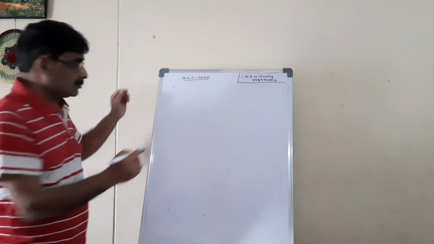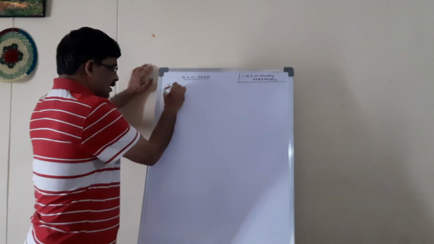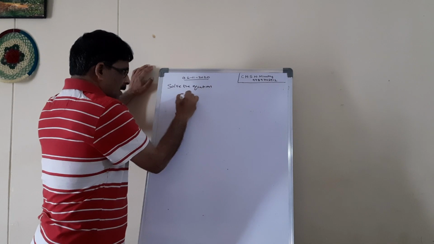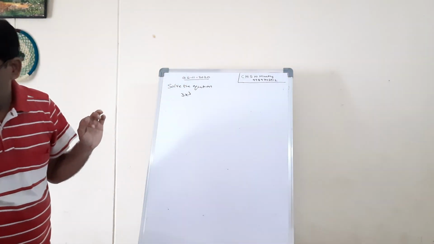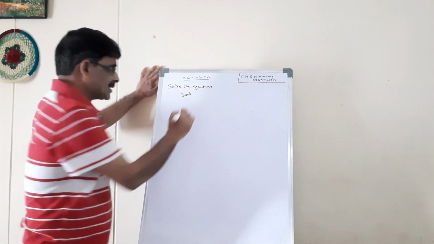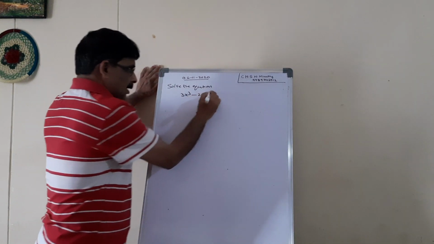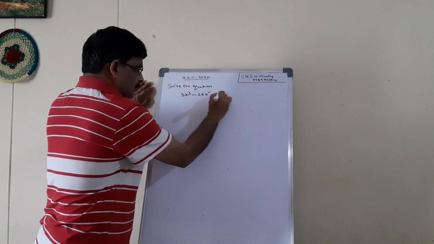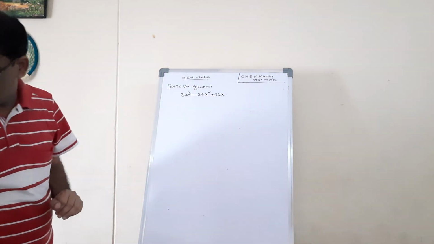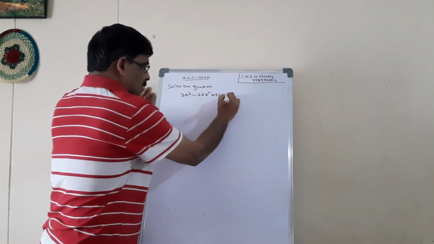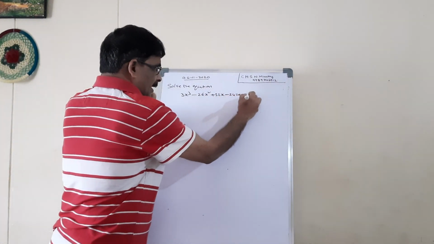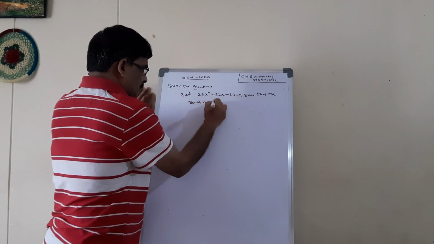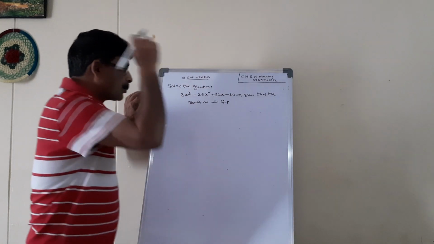Solve the equation 3x cube minus 26x square plus 52x minus 24 equal to 0, given that the roots are in geometric progression.